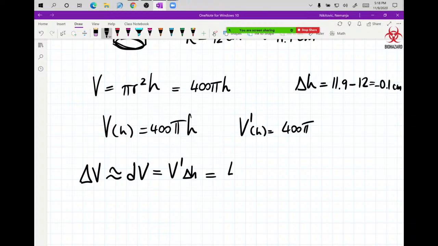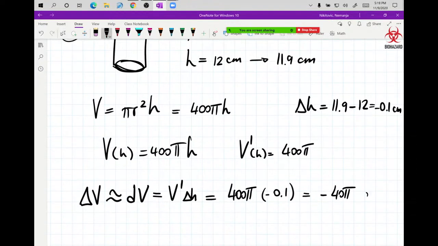So 400 pi times negative 0.1, and that's going to just make it negative 40 pi. Now pi is about 3, so negative 120, a little bit more than that and all that kind of stuff, but no one cares. So negative 40 pi, in centimeters cubed.